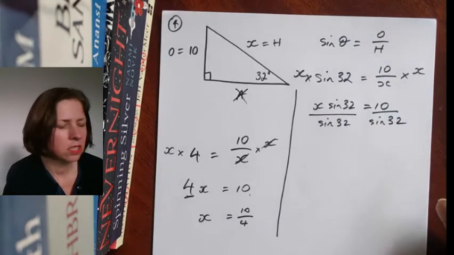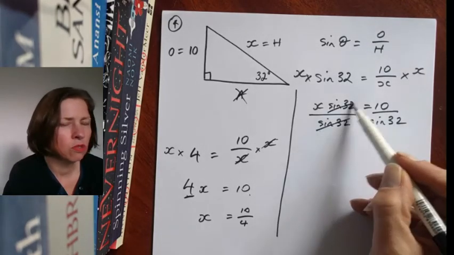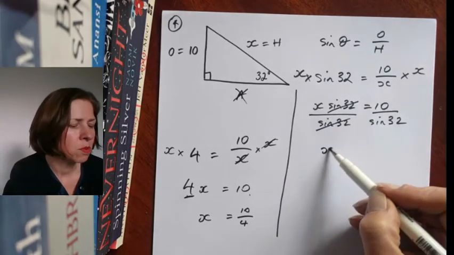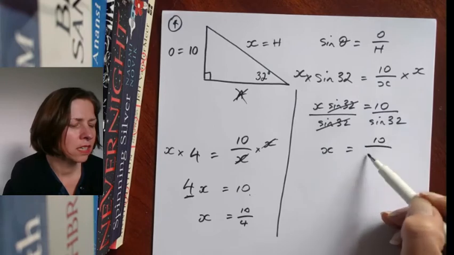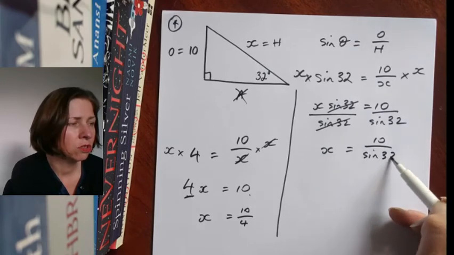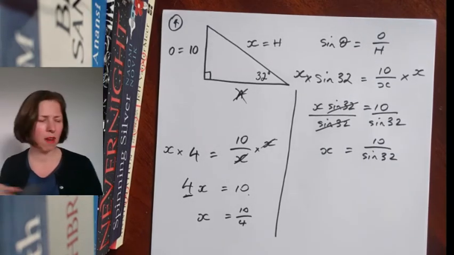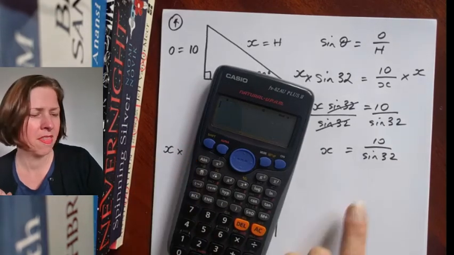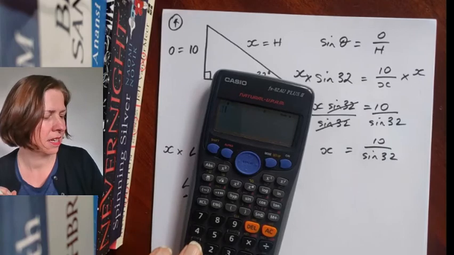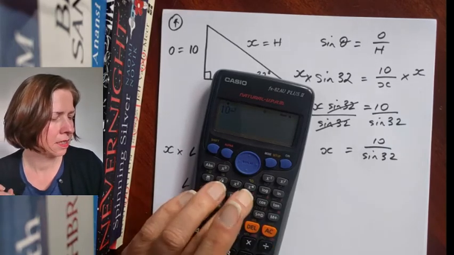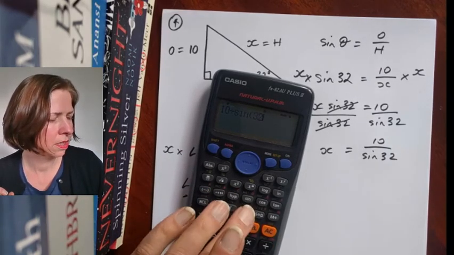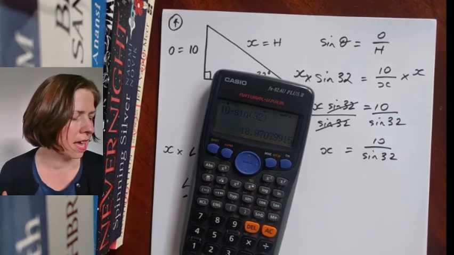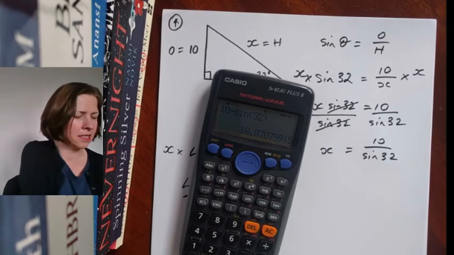I divide both sides, the sine 32s will cancel, and I'm left with x equals 10 over sine 32. I still need my calculator, so let's grab it. I'm just going to put that straight into my calculator. 10 divided by sine 32 equals 18.87.